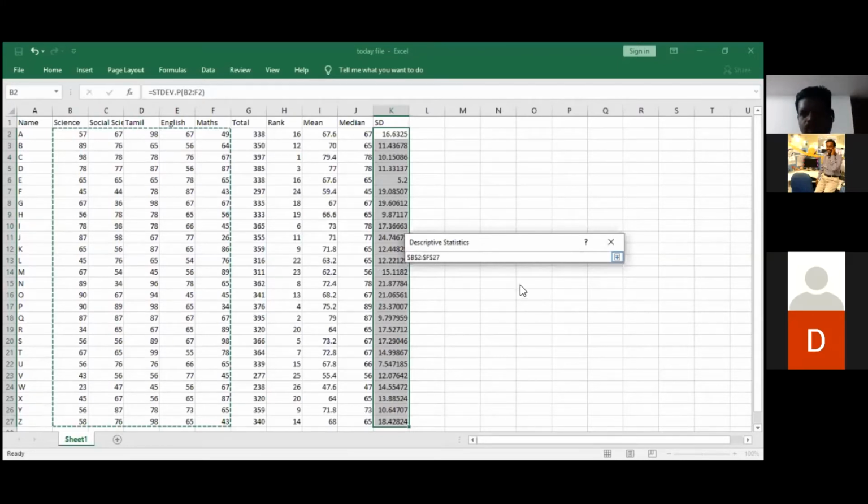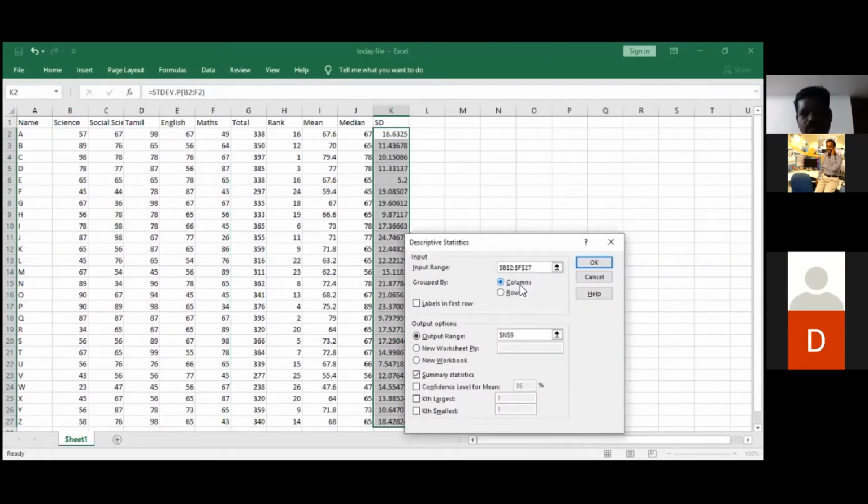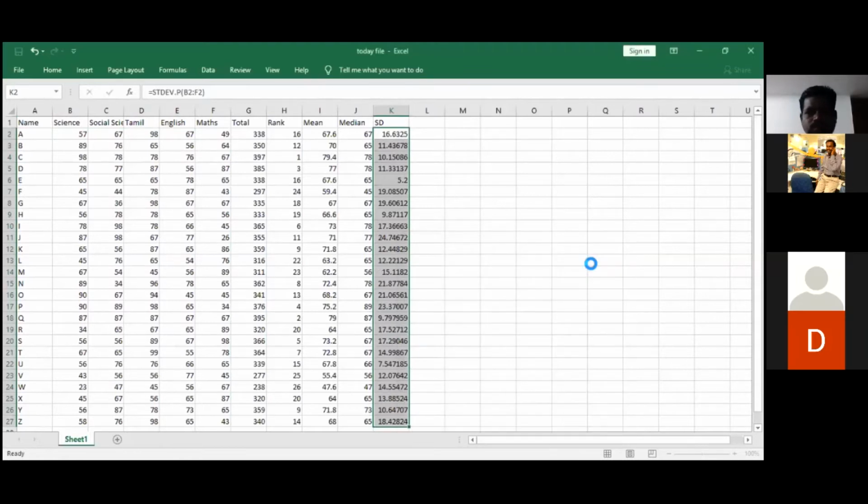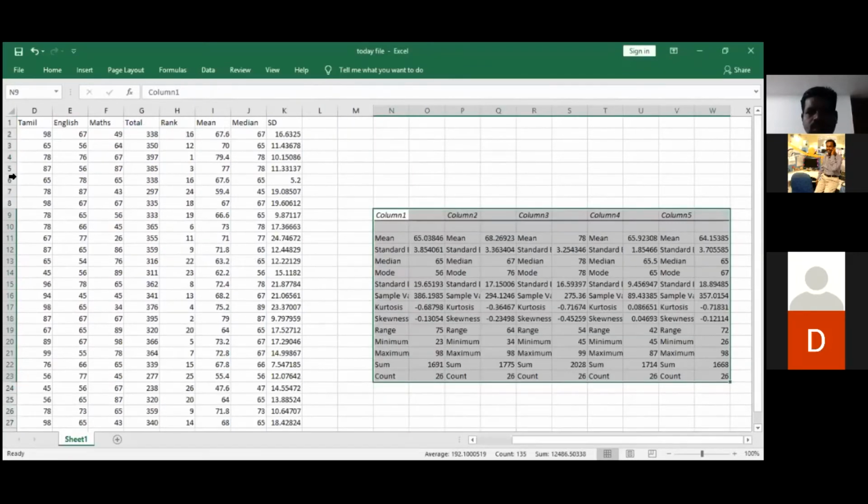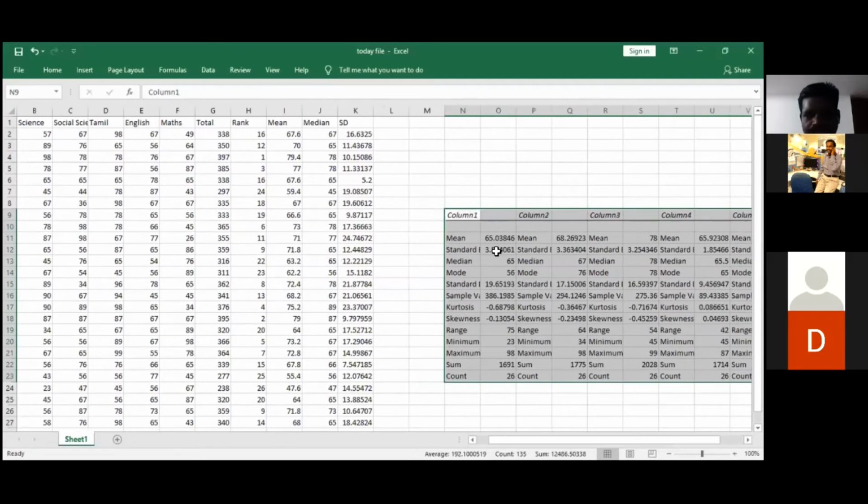If you want column-wise, you put Columns; if you need row-wise, the answer will also appear. So here it is column-wise. Column 1 is science. The science mean mark is 65.03.